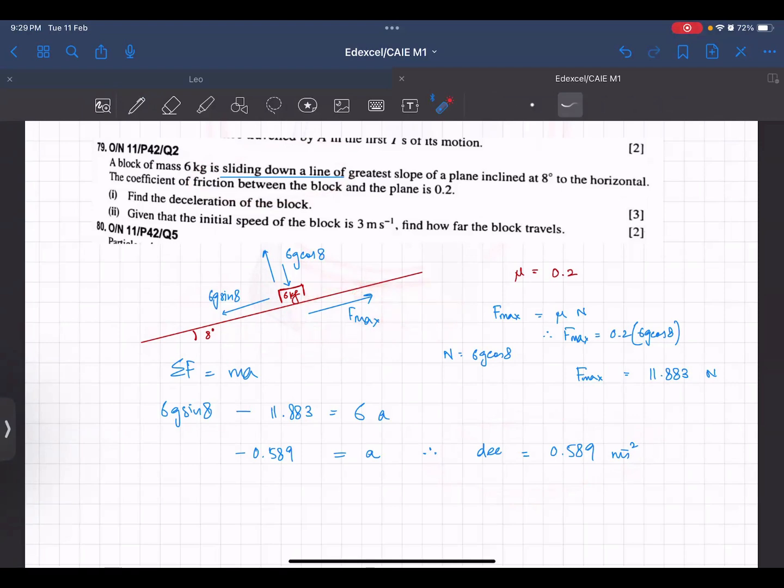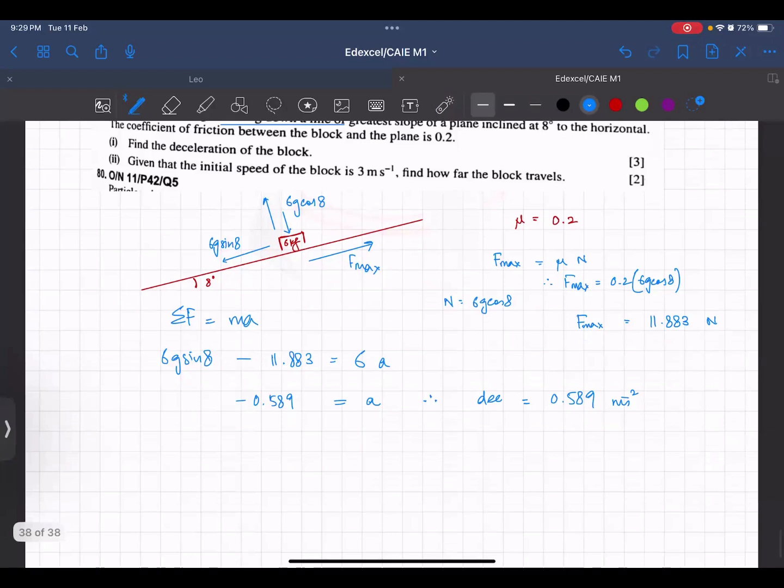Then they have told us, given that the initial speed of the block is 3, find how far the block travels. So initial speed over here is u equals 3, which is downwards. Acceleration is upwards, which we have found to be 0.589. They are asking us how far the block travels.